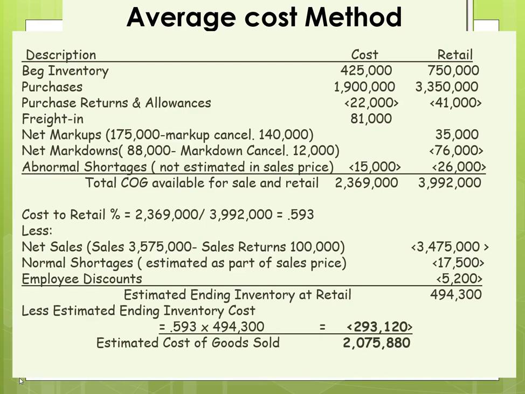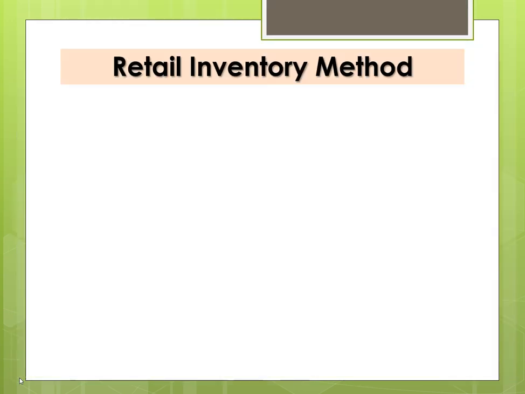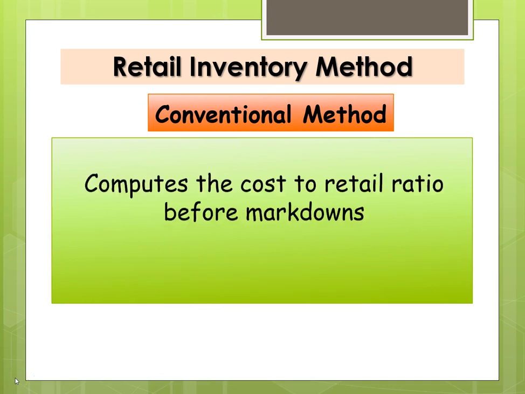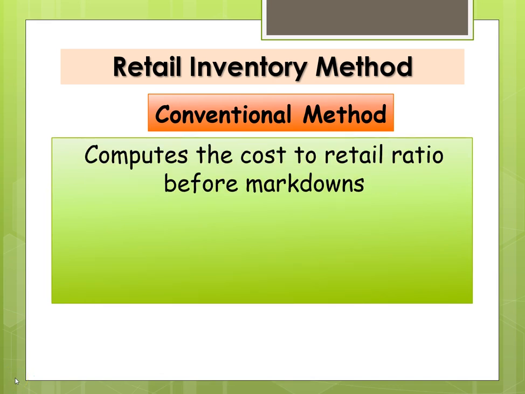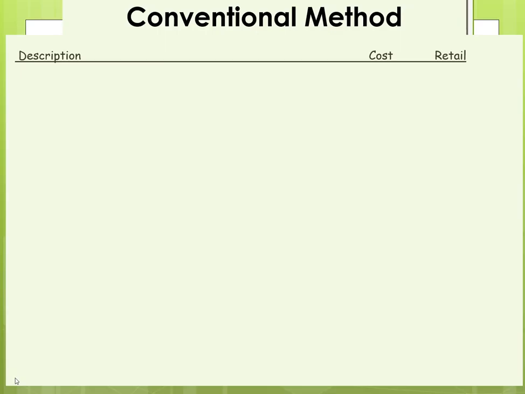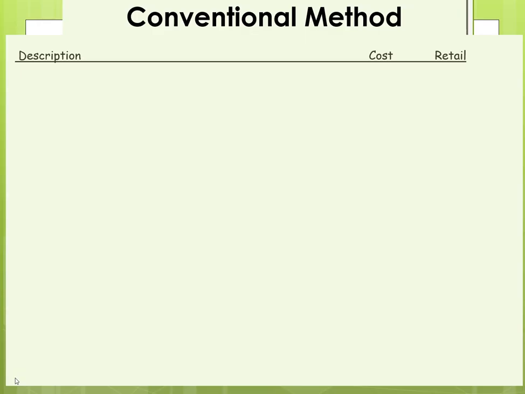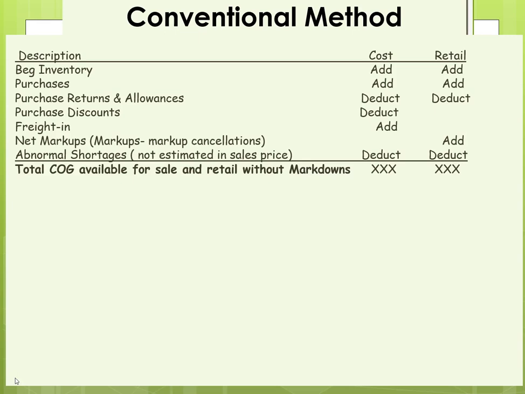Now let's go to the retail inventory method. We're now going to look at conventional, which computes the cost to retail ratio before markdowns. That's the only difference. So our formula is going to look like this.